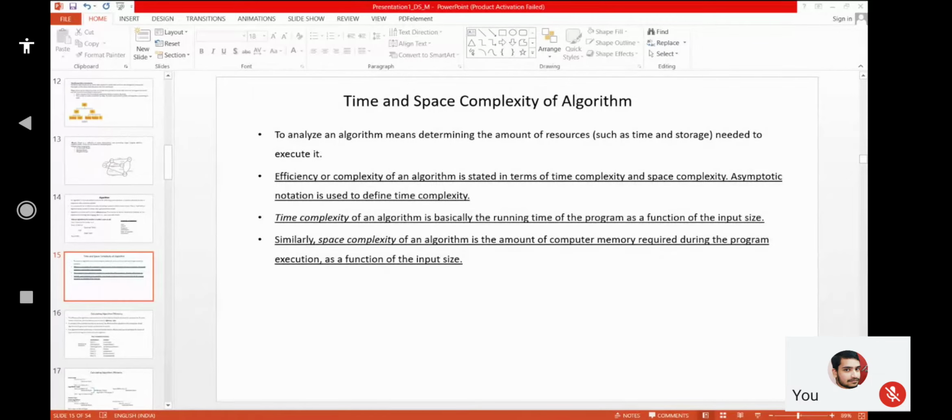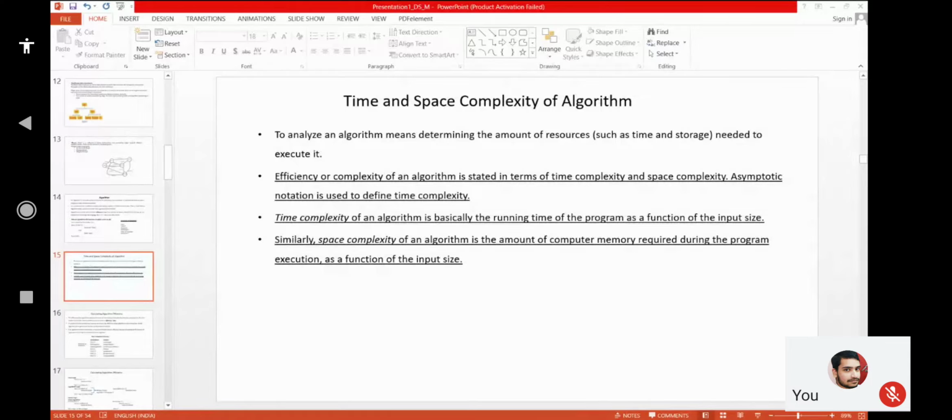There are basically three notations. So these are the three basic notations by which we can represent the time complexity. And here the time complexity is a function of the number of inputs of the program.